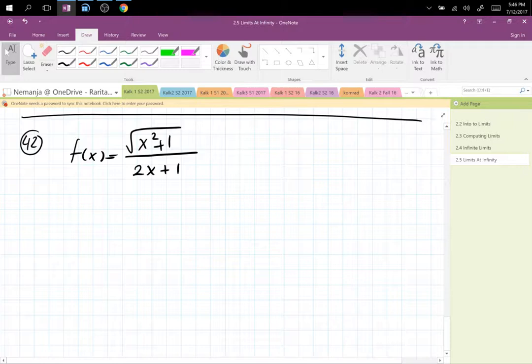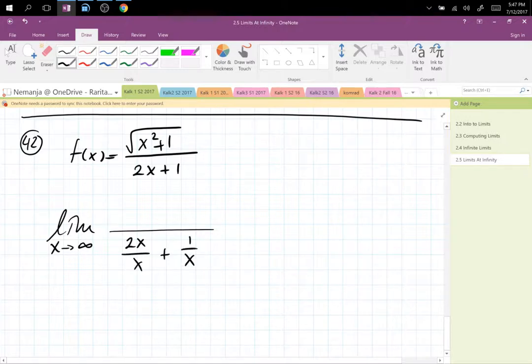What are we dividing by? X. The highest exponent is x because the root of x squared is x. So we are looking at the limit as x approaches infinity, and we are going to divide 2x over x plus 1 over x, and then the square root of x squared plus 1 also divided by x.